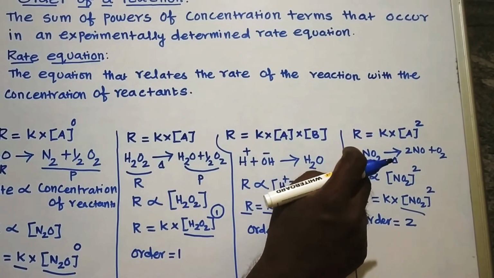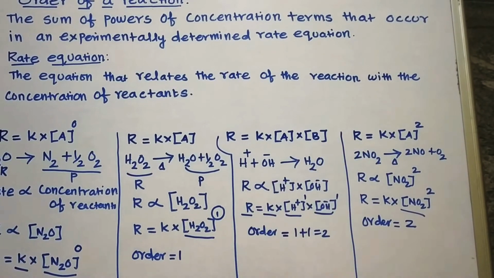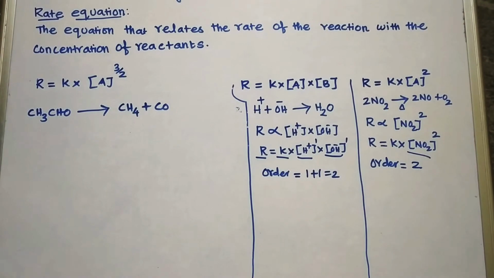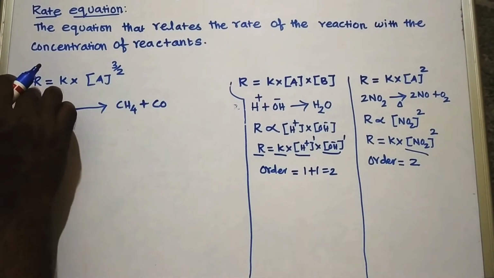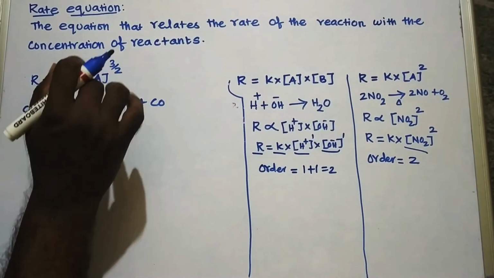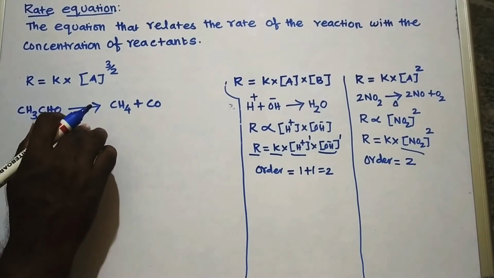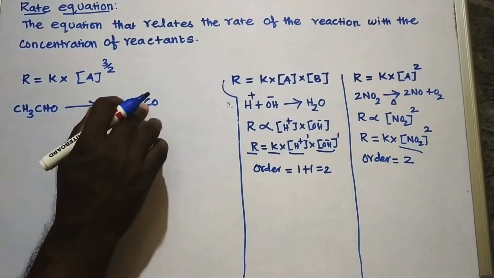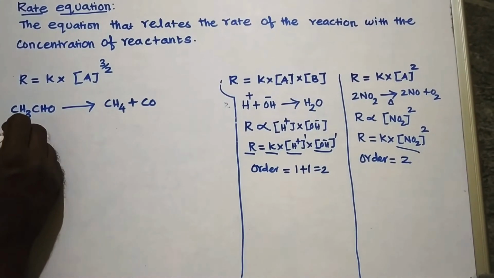Now we are going to see what is meant by a fractional order reaction. Now let us consider a fractional order reaction. For the reaction, R is equal to K into concentration power 3 by 2. Now let us consider acetaldehyde. On decomposition, it forms 1 molecule of methane and 1 molecule of carbon monoxide. So now I am going to write the rate equation.